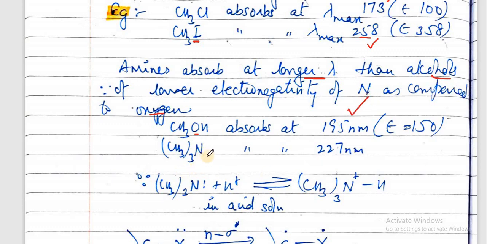Nitrogen is less electronegative, so the electron transition requires less energy, and less energy means higher wavelength. So methanol absorbs at 195 nanometer, while the amine absorbs at 227 nanometer.